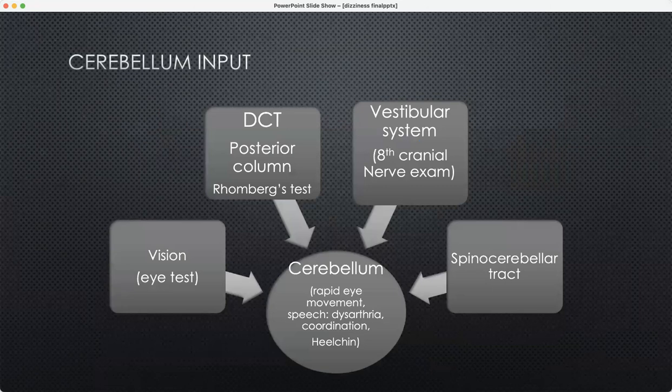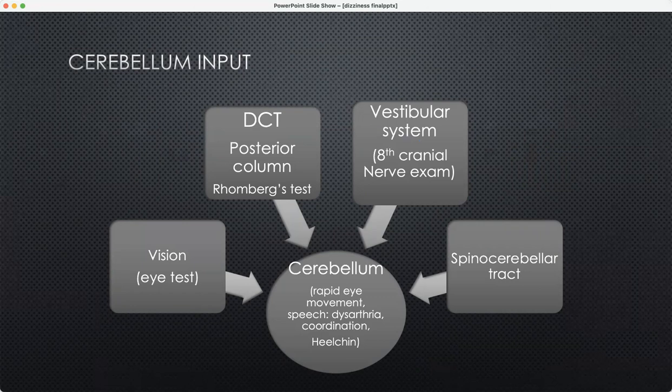The next crossroad is to look at cerebellum and its input like vision, eye test, vestibular system examination, check rapid eye movement, coordination tests to confirm or exclude cerebellum lesion. The loss of proprioception suggests posterior column disease.